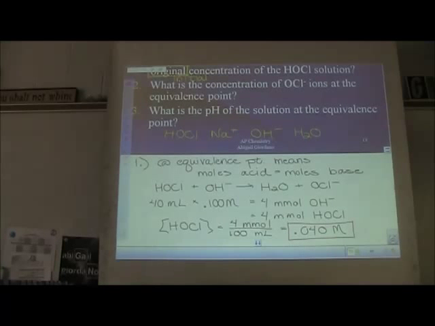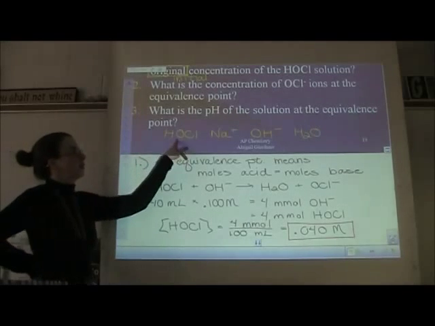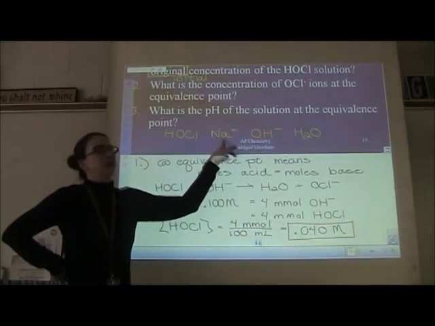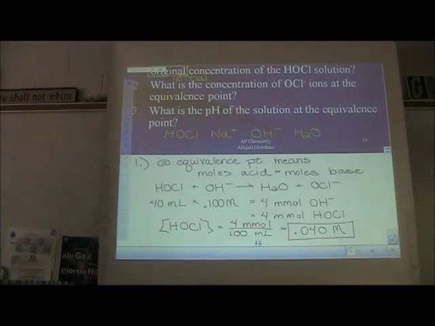Okay, let's just pause for a moment here. Okay? In number 1, I was told what the reactants would be. Acid and this base, which I split up because it was strong. And then they told us we are at the equivalence point. You need to think about what that means.